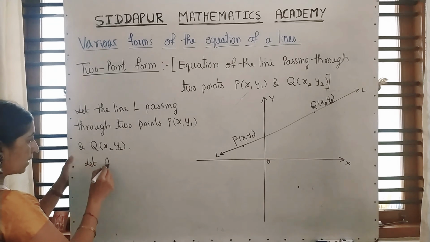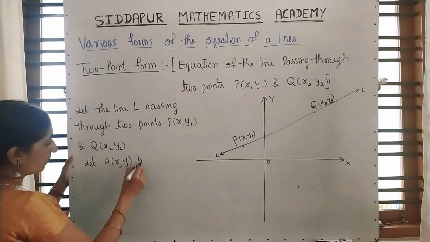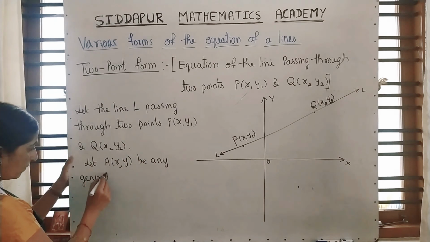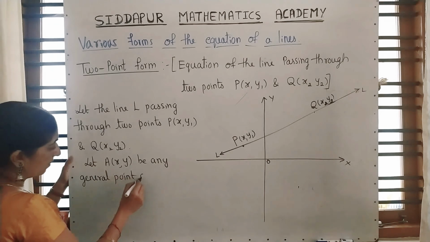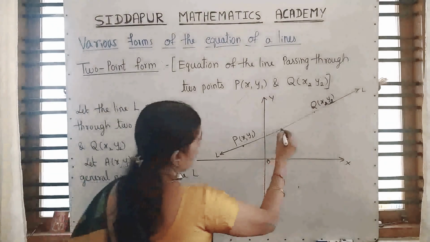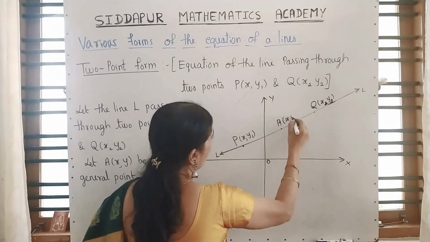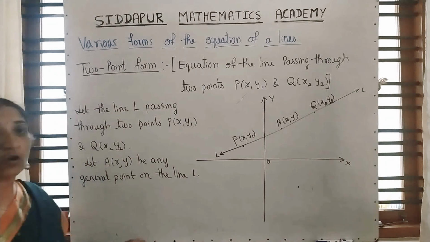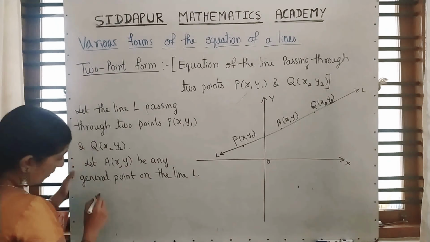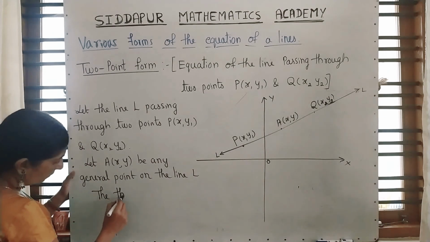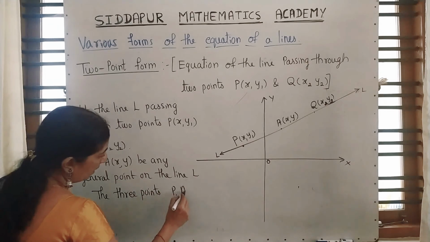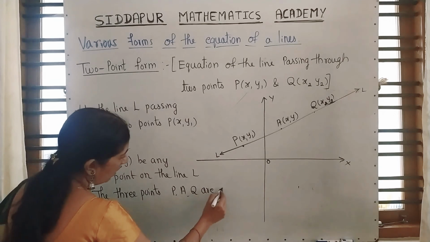Let A(x, y) be any general or arbitrary point on the line L. See, this is point A(x, y). And what we observe in the figure is that all 3 points P, A, Q are collinear.